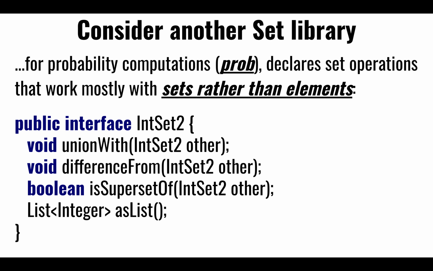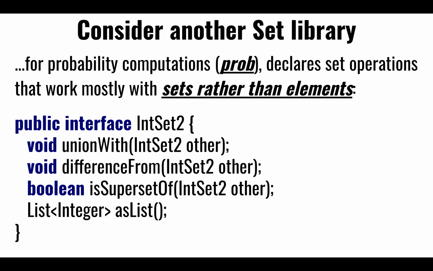So yeah, we have these two interfaces. They're very similar, right? We could perhaps imagine that the union with is basically just rewriting, or we could use the implementation of the add, right? To implement the union, basically you just have to iterate over the other elements as a list and just call add multiple times, right?